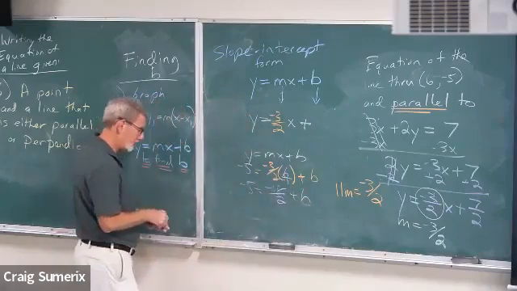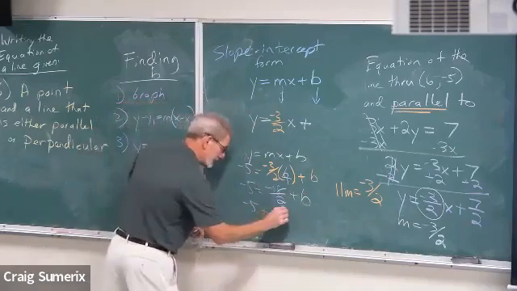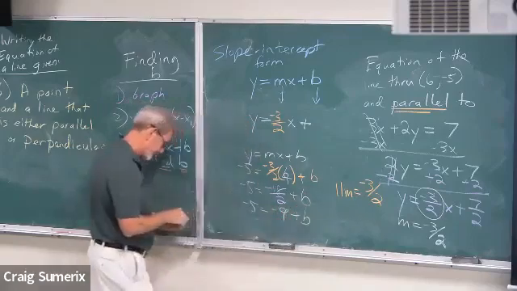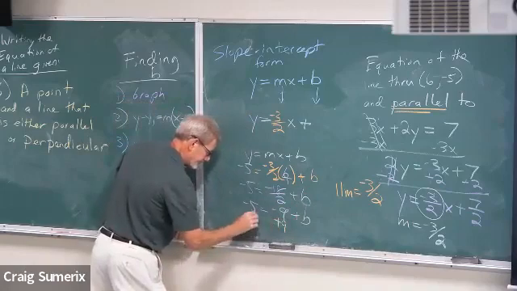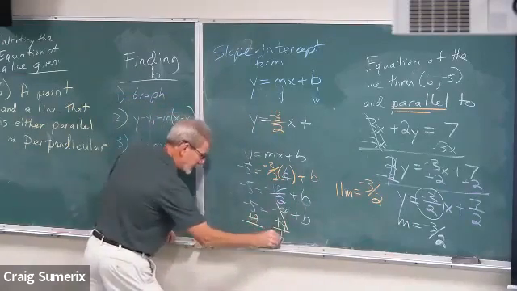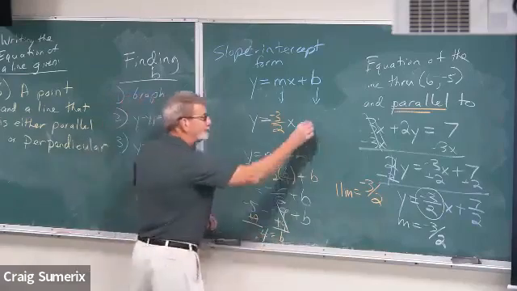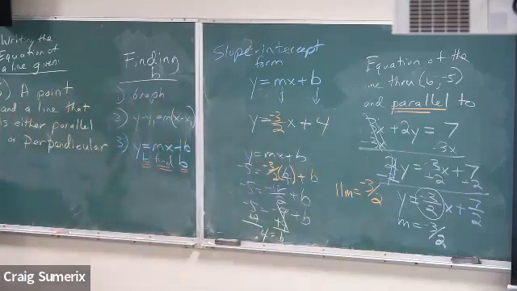What's -18/2 reduced to? -9. B is 4. Not so bad, huh?